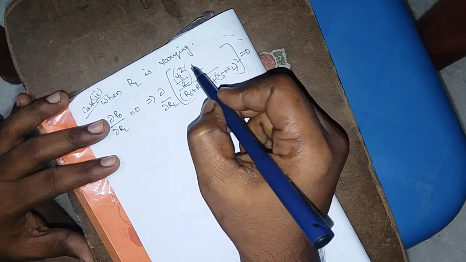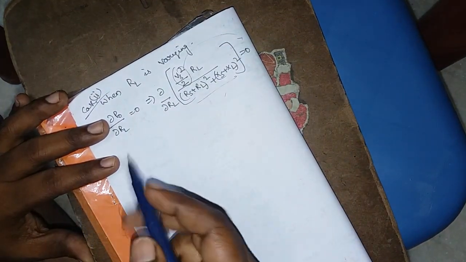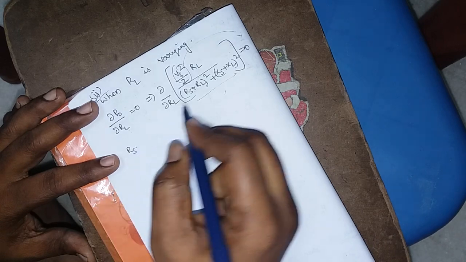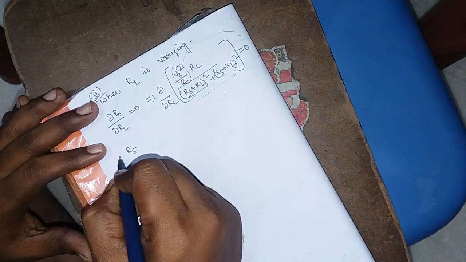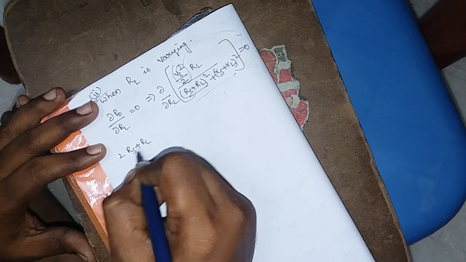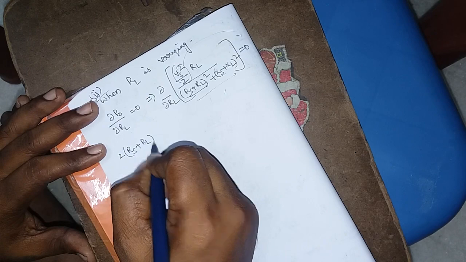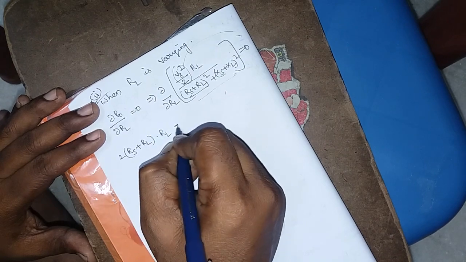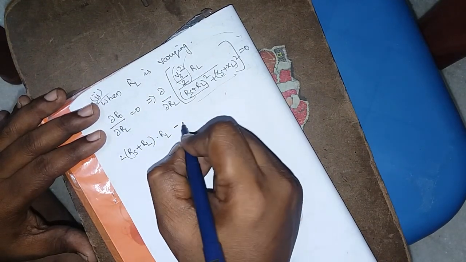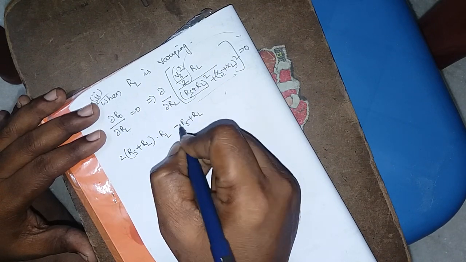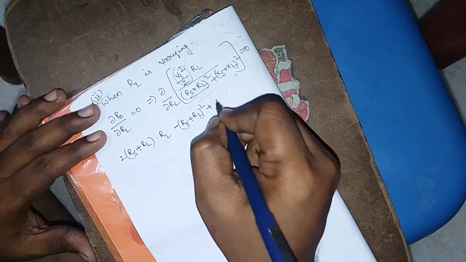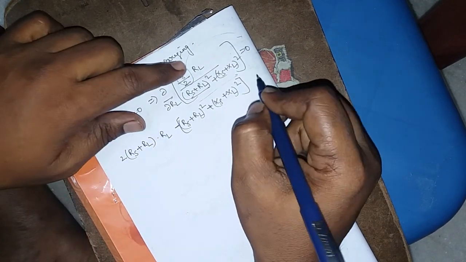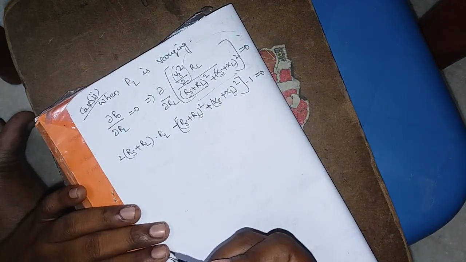U by V: this is U and here it is V. The first one is V dU, that is (Rs plus RL) whole squared plus (Xs plus XL) whole squared, and dU is 1. Then minus U dV, where U is RL and the differentiation of (Rs plus RL) whole squared is 2 into (Rs plus RL). This will be equal to 0.